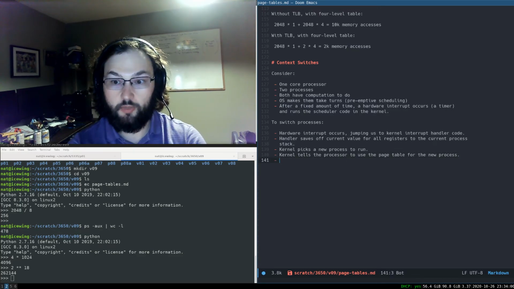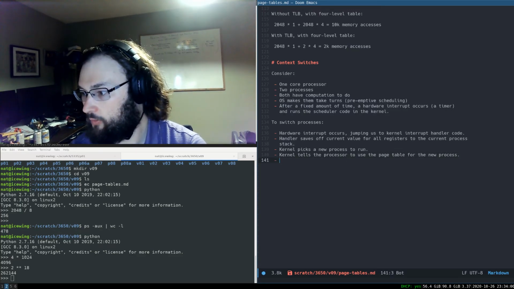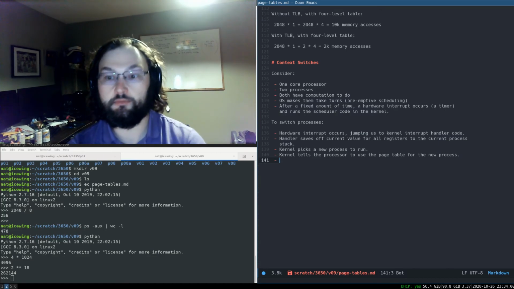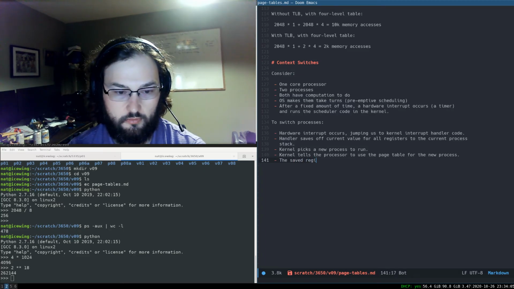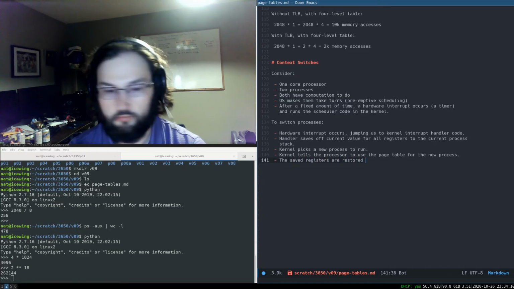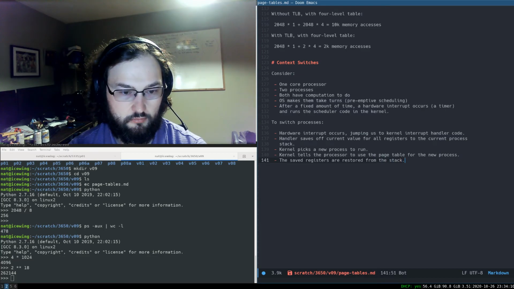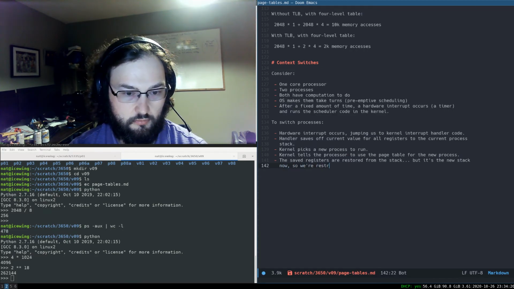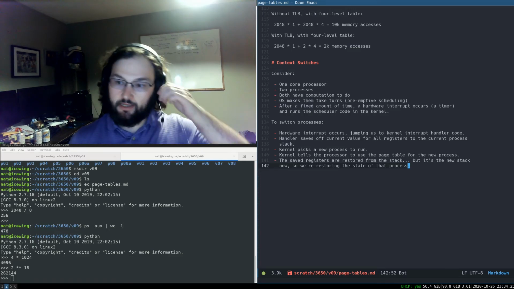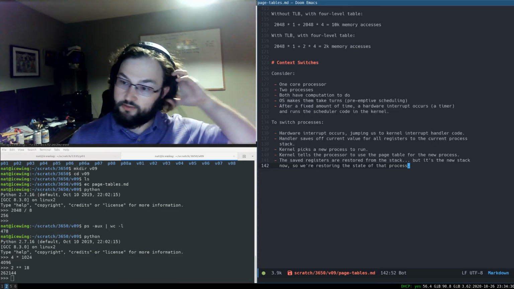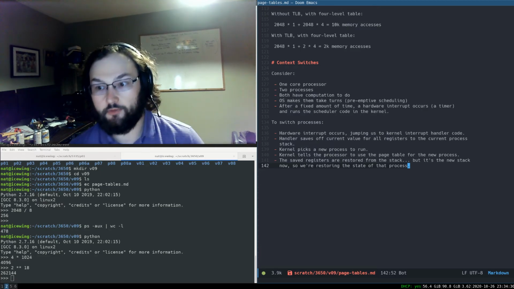But once we point to the new page table, now all we need to do is do a system call return. So in the return process, we're going to restore the saved registers and other state from the stack, but because we switched page tables, the stack is now the new process's stack, not the old process's stack.